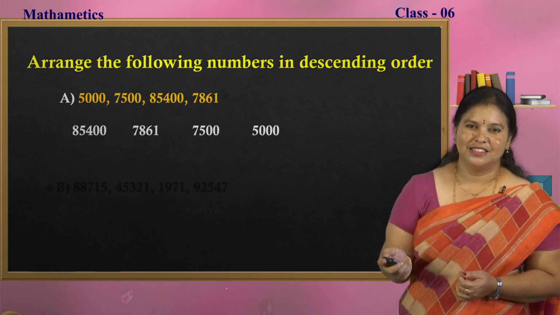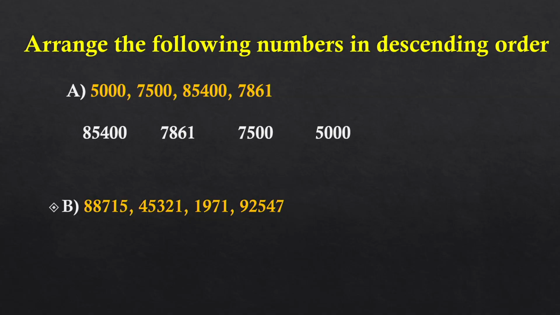Let us take next example. Here 88,715 and 45,321 and 1,971 and 92,547. You have to arrange in descending order.